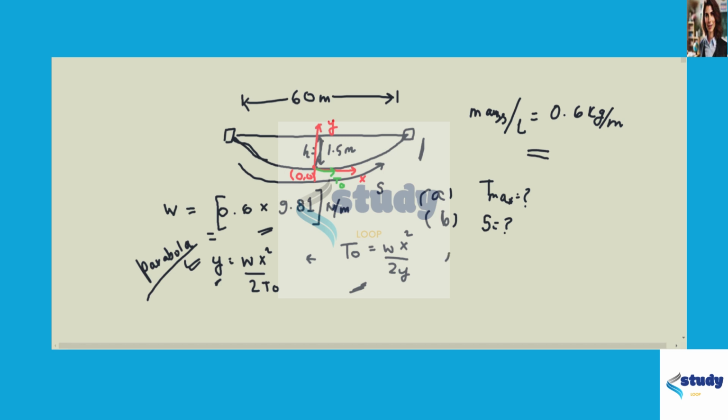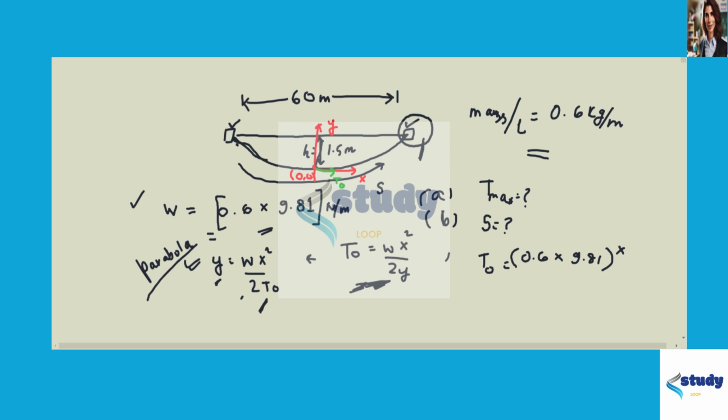Okay, so we have this formula now, and from this we get T naught. T naught is equal to w, the weight per unit length, which we just put here, 0.6 multiplied by 9.81 Newton per meter, multiplied by... this x and y is true for all the points on this cable. Because we know the length of the insulator here, we can just use this equation at this point.